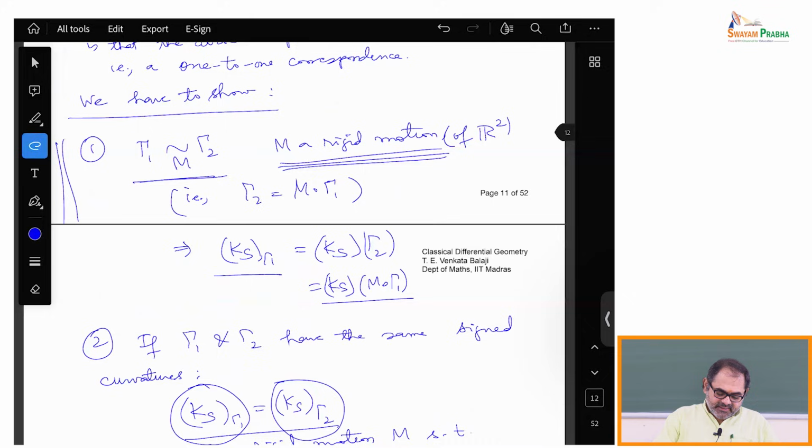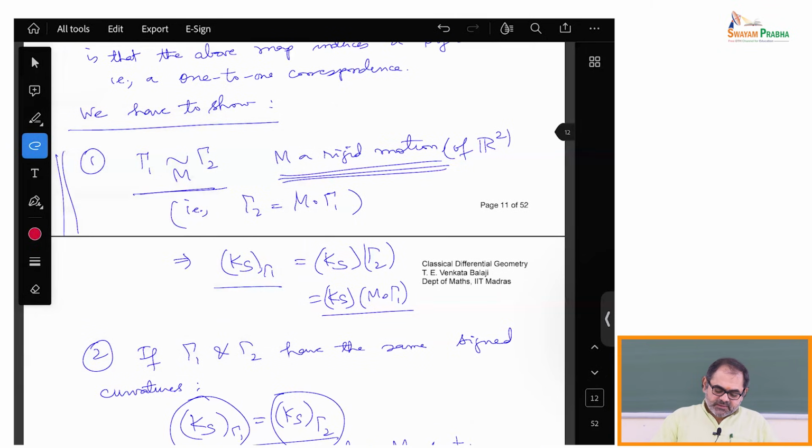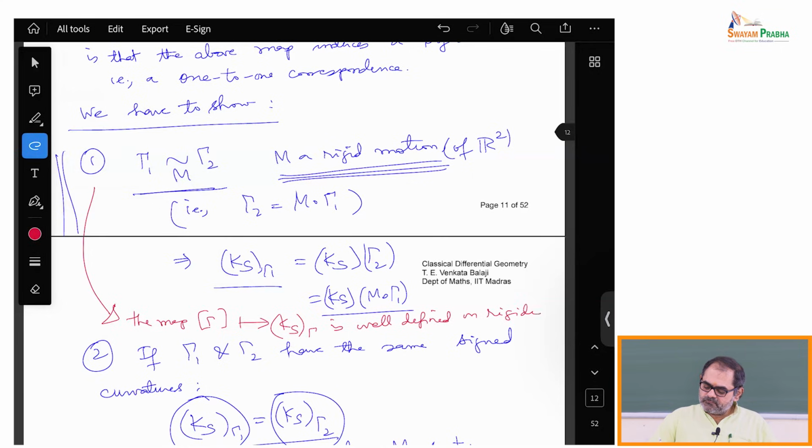Let me also write that side by side. So this one is the map square bracket gamma going to ks sub gamma is well defined on rigid motion equivalence classes square bracket gamma.